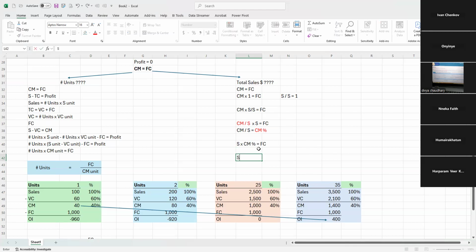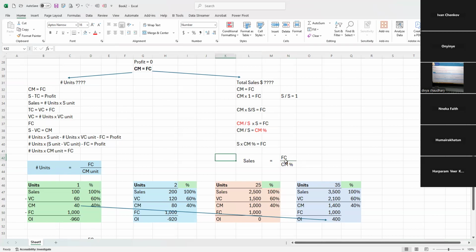It's going to be fixed cost divided by contribution margin ratio. Make sense?